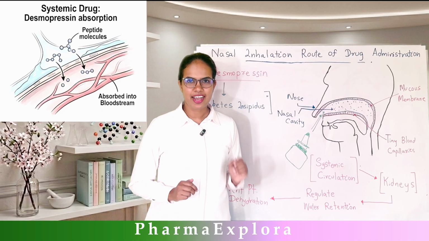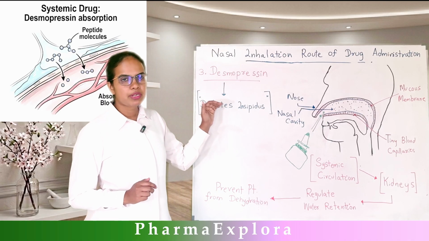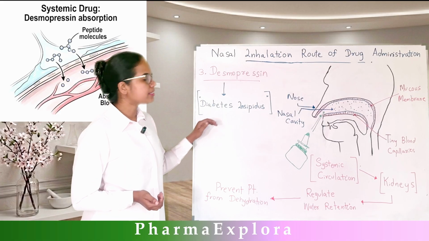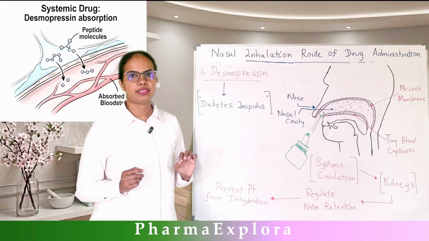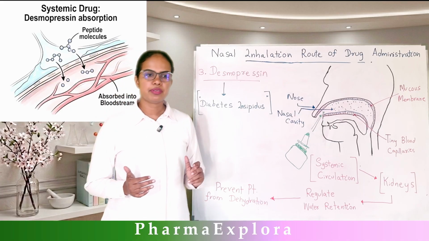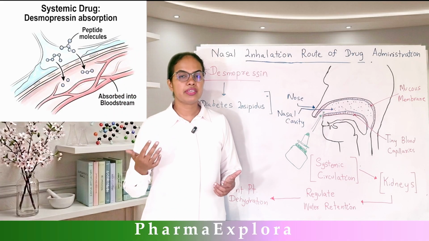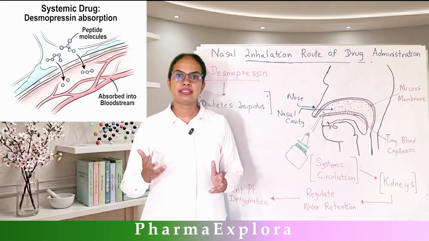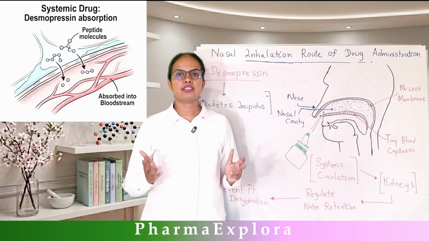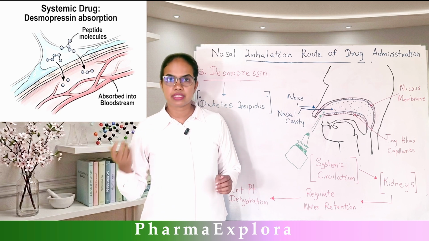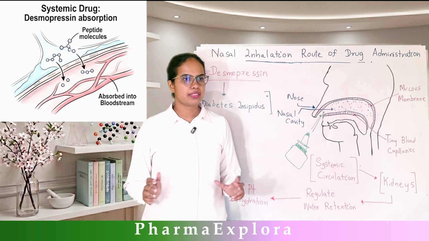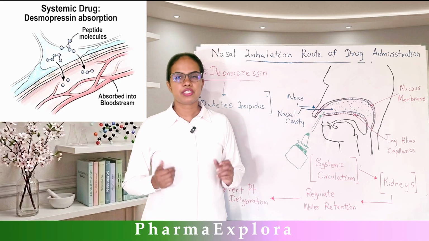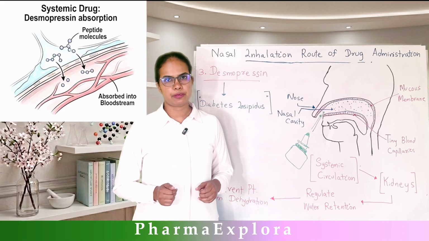Now let's discuss how. Desmopressin is a peptide hormone which we use to treat a disease called diabetes insipidus. This diabetes insipidus is a rare but severe disorder where the body cannot balance its fluid. So this disorder causes unquenchable thirst and forces the kidneys to produce a large amount of dilute urine.